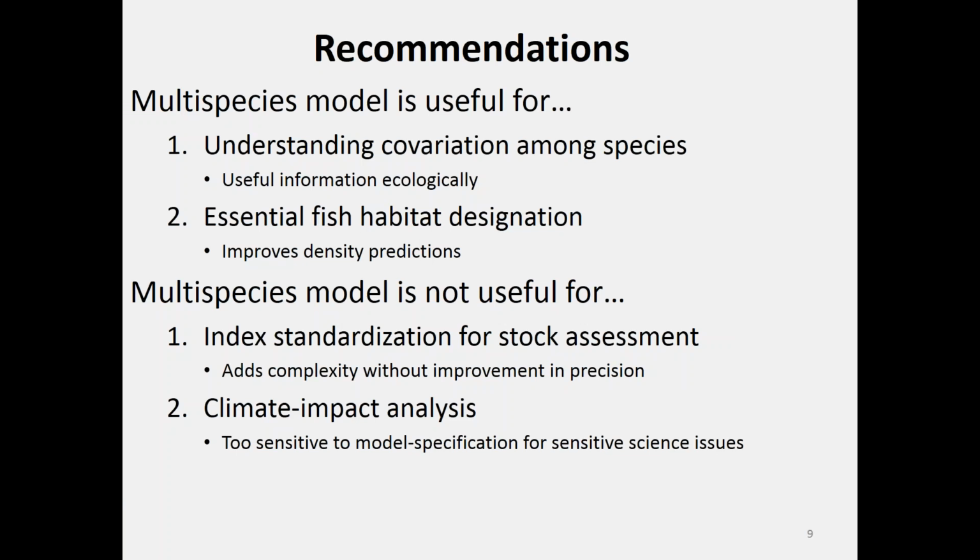But they didn't seem that useful for index standardization because it was more complex without getting you very much, seemingly. I'm not convinced the benefit is worth the extra trouble explaining it in a climate assessment arena.